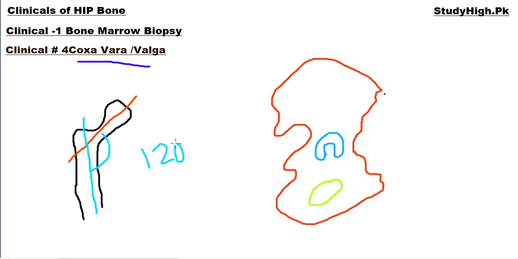But in some conditions, if during development the ossification of the head and neck of the femur does not occur accurately, this angle, which is 120 to 135 degrees in normal patients, changes.